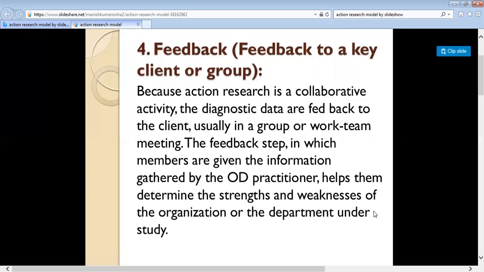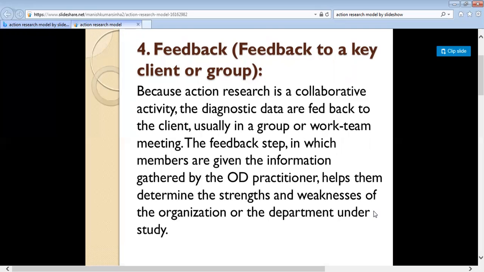Because action research is a collaborative activity, the diagnostic data are fed back to clients, usually in a group or work team meeting. The feedback is a step in which members are given the information gathered by the OD practitioner, which helps them determine the strengths and weaknesses of the organization or the department under study.